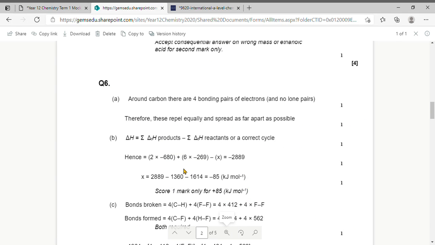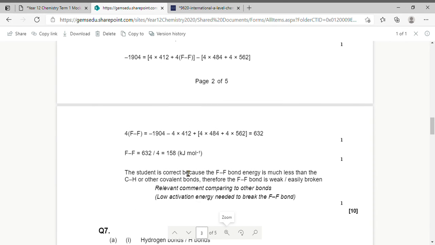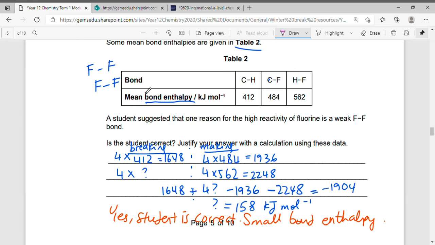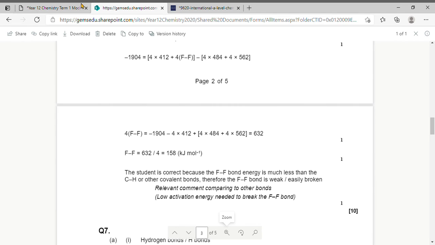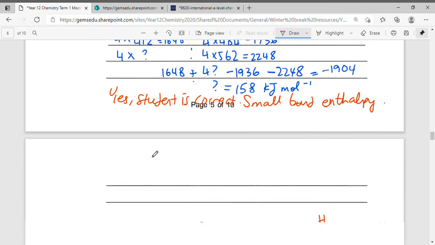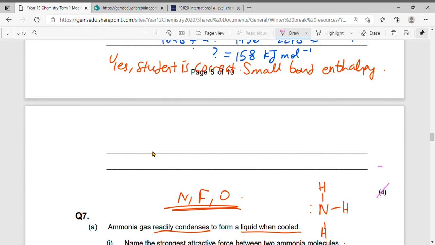This one definitely we got wrong. Definitely. Oh, we got it right somehow. So 3 marks. Why? Because we didn't compare it.